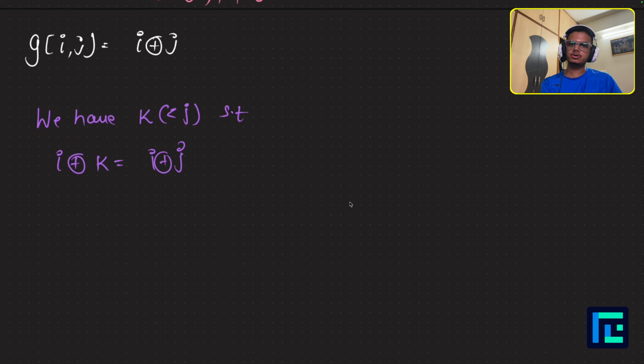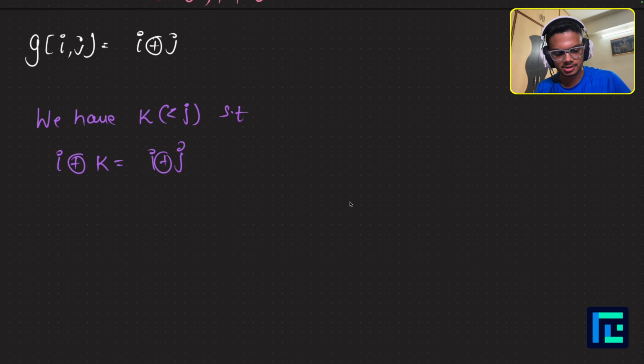On the same row on the left of it, I already have this value, so you cannot have this value. This is my assumption basically. That's how proof by contradiction works. You assume something and then you reach a contradiction and you say your assumption was wrong. So here I'm assuming that on the same row to the left of it, I have already i XOR j present. Okay, fine. Now what next then?